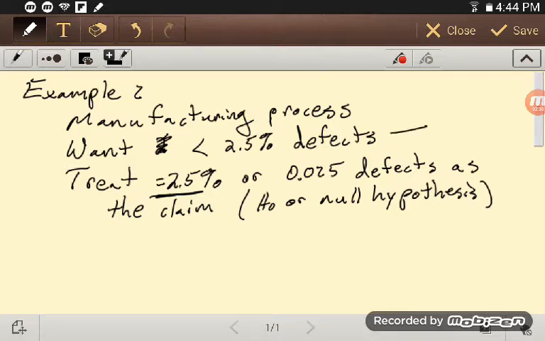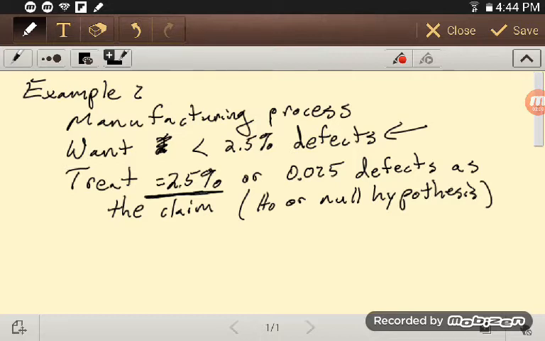So we want this, but in our language of statistics, in our statistical process and so forth, we're going to have to pick a number. We can't say our claim is it's less than or equal to 2.5%. No, that's not going to work. We don't know how to do that.